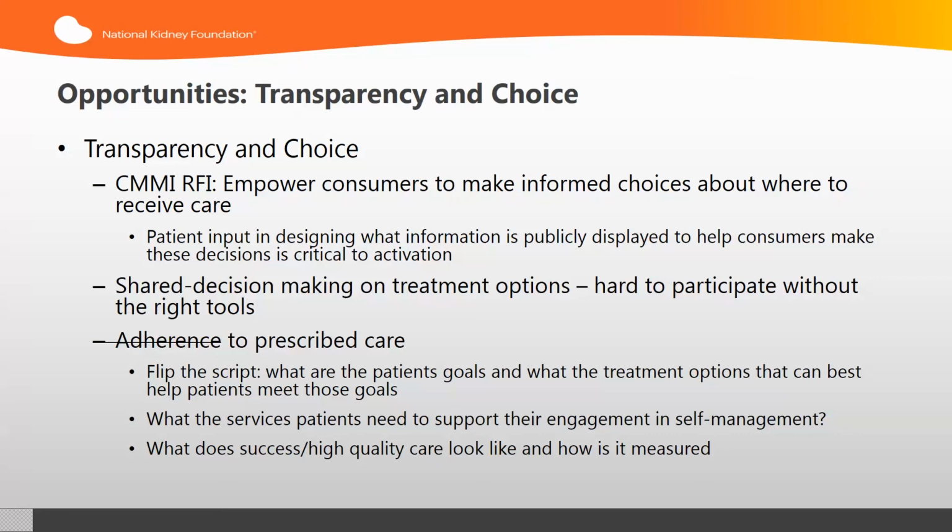Hey, Tanya? Yeah. Really quickly, sorry, we just had a quick question. I think you can get to it quickly, but what is CMMI? Just to break that out, get away from the DC acronyms. CMMI is the Centers for Medicare and Medicaid Innovation. They are the entity at CMS that was created by the Affordable Care Act to develop and facilitate new alternative payment models.